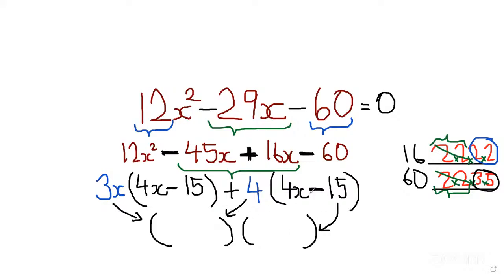So whatever's in black, which is 4x minus 15, that goes right here. And then whatever's in blue goes in here. And that's it.